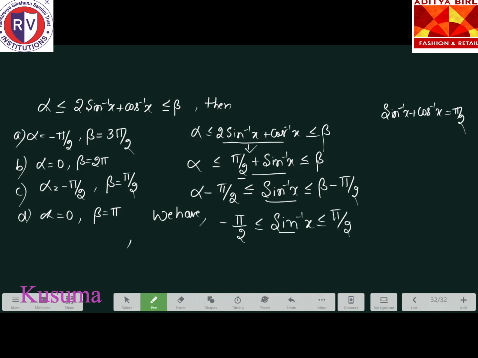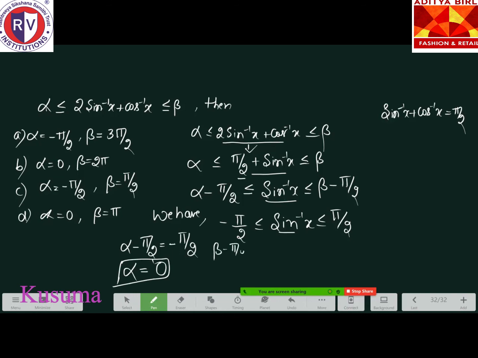So let us equate this. So alpha minus pi by 2 is equal to minus pi by 2. When we take this term to RHS, that will become plus pi by 2, and both the terms get cancelled to give us 0. So alpha will be equal to 0. And what about beta? So beta minus pi by 2 will be equal to pi by 2.